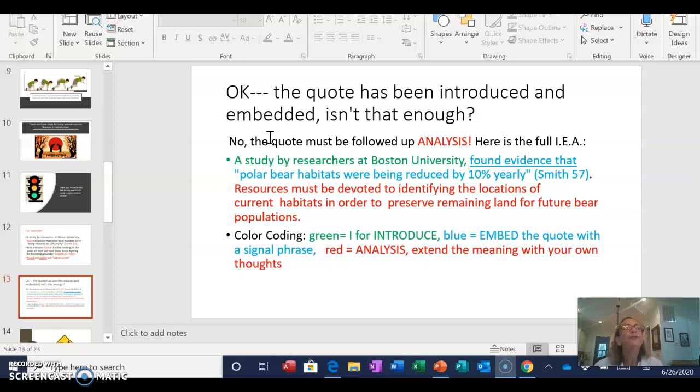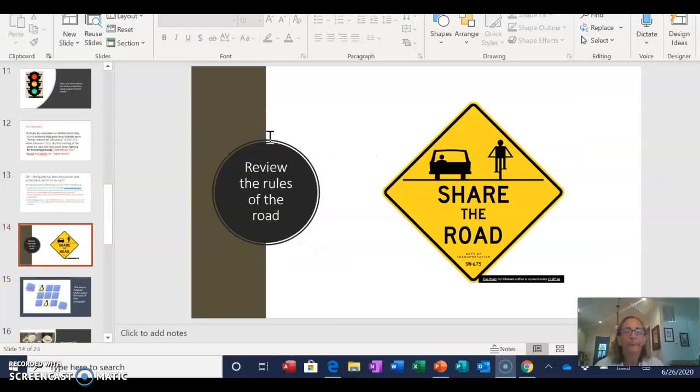The red is your analysis of that quote. Resources must be devoted to identifying the locations of current habitats in order to preserve remaining land for future bear population. So the green introduces the quote, the blue embeds the quote with the signal phrase, and the red is the extension, your meaning of that quote.